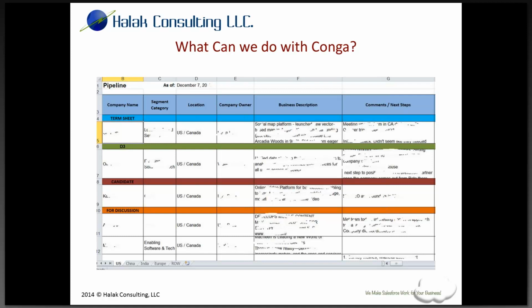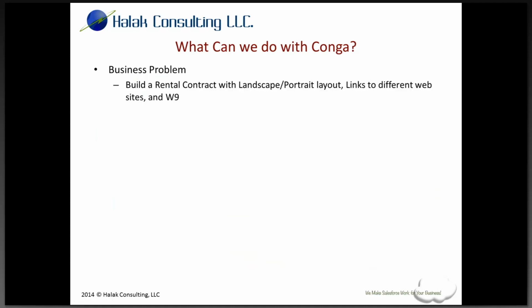So literally they don't have to do anything. They don't have to click on a button, nothing. Automatically the report gets emailed to them every Friday evening or every Saturday morning, and they get to see their results.